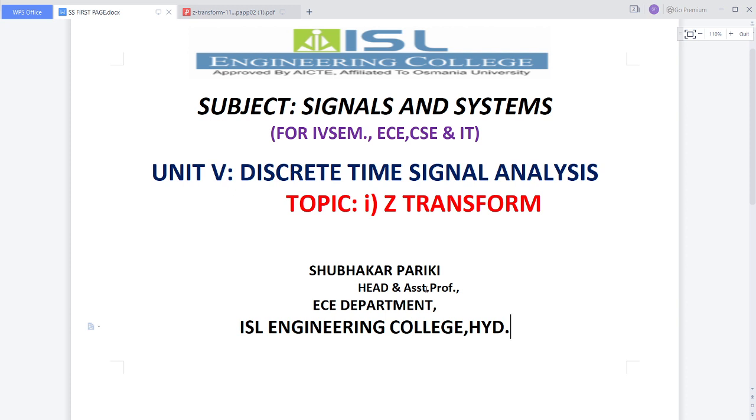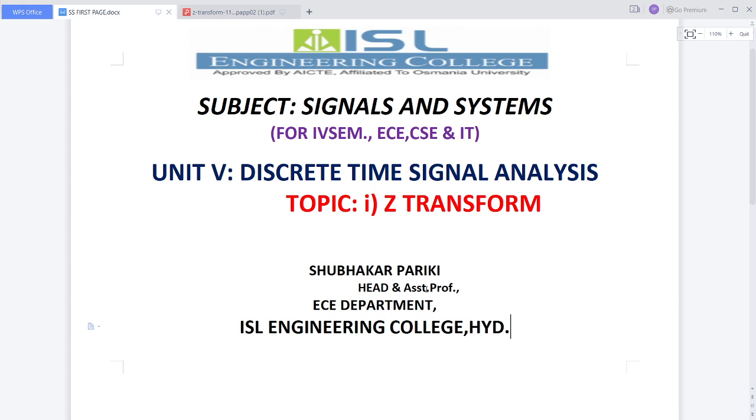In the case of continuous time signals, the linear time invariant system response is described by making use of a differential equation. But a linear time invariant discrete time system is represented by an algebraic difference equation.